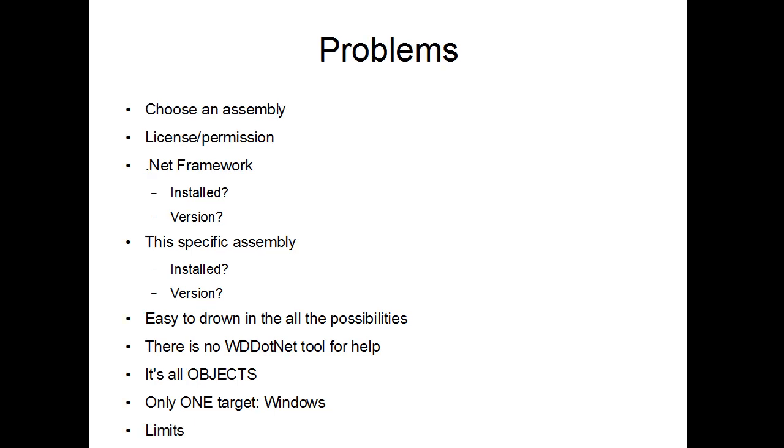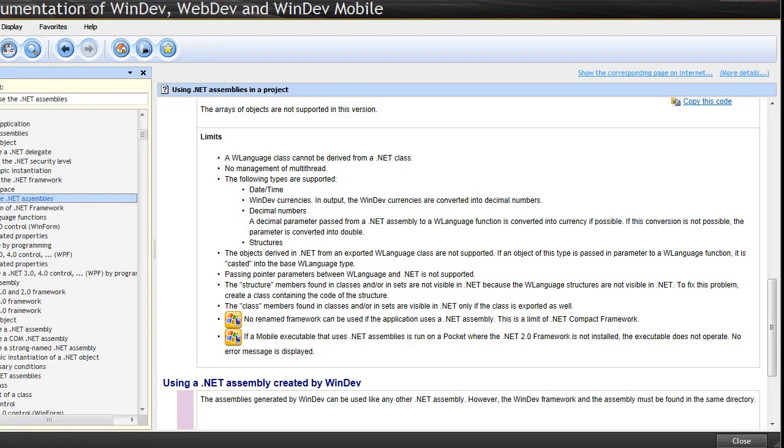And then, of course, in the list of potential problems, we need to talk about the limits. And for that, I'm not going to rewrite everything because once again you should read the help, but it's interesting to look at that together and see what we have. So the help gives you the current state of the limits of using .NET one way or the other in WinDev, in W language.